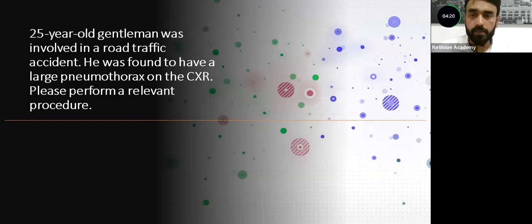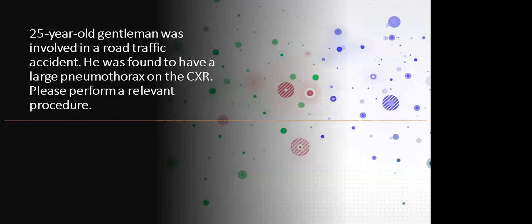Okay, can you please tell me the local anesthetic dose for this patient if the patient is 70 kg? So for a 70 kg patient, I will give 3 mg per kg of lidocaine without adrenaline.